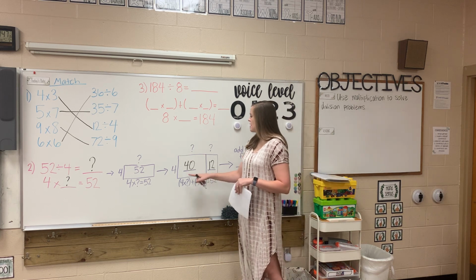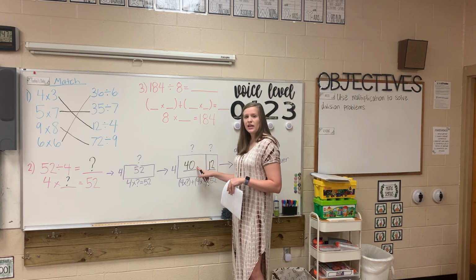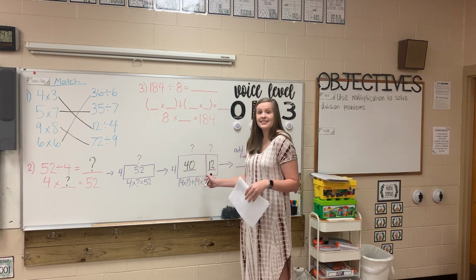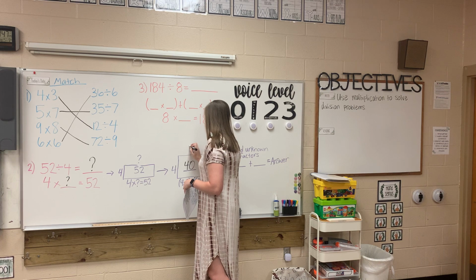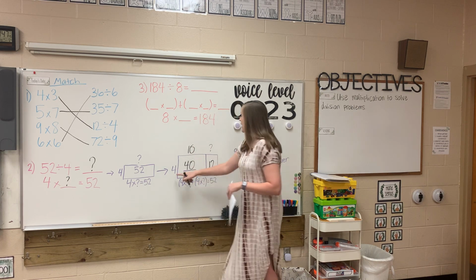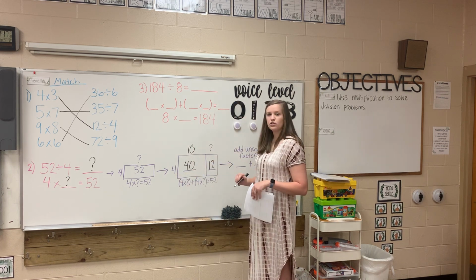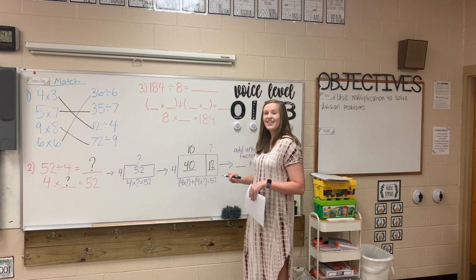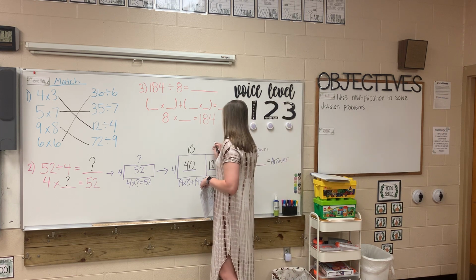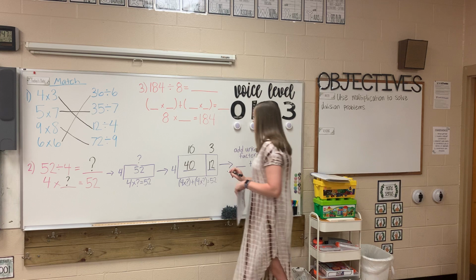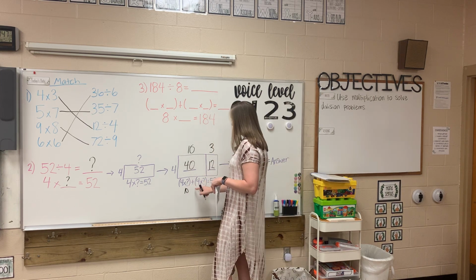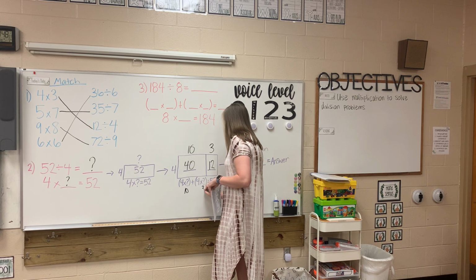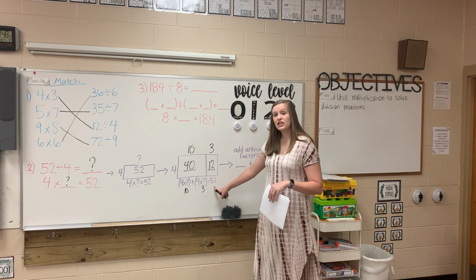So let's see. 4 times what equals 40? We just said that, right? 10. So this question mark is 10, and 4 times what equals 12? 3, great job guys. So now we know that 4 times 10 plus 4 times 3 equals 52.